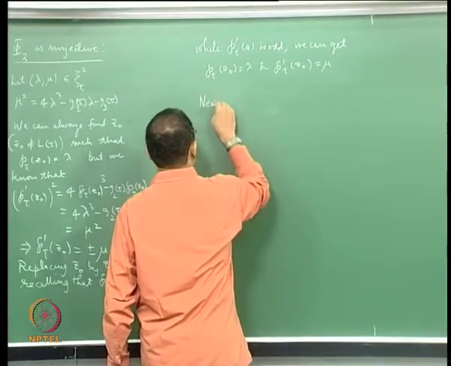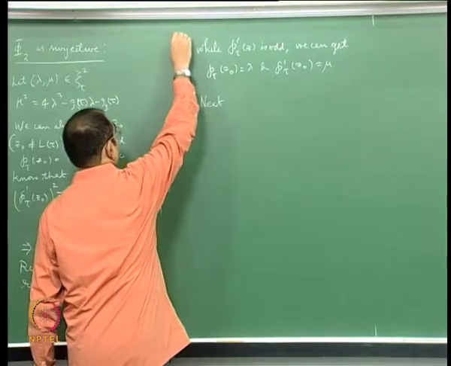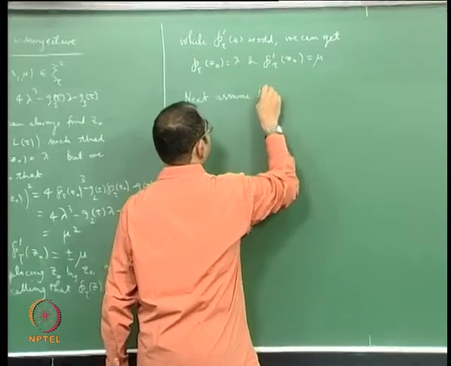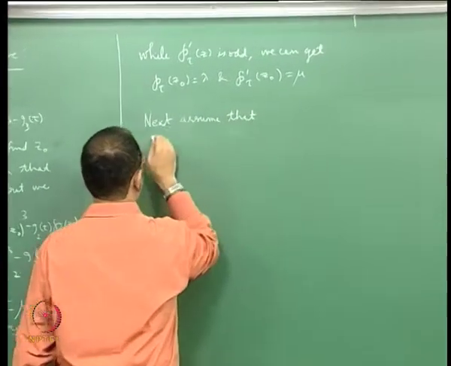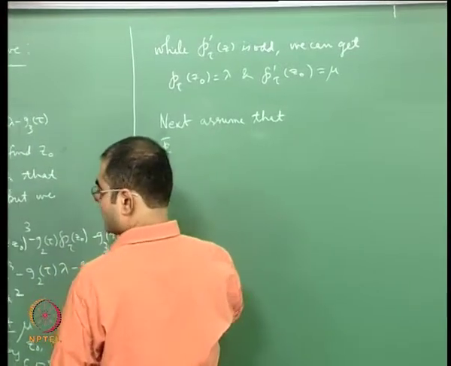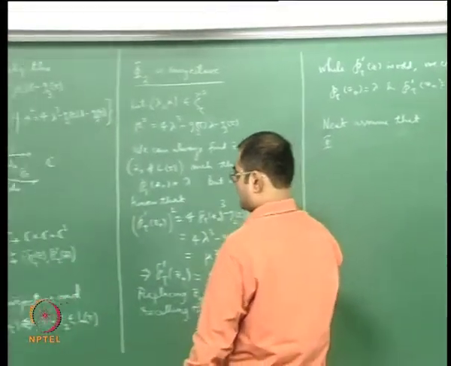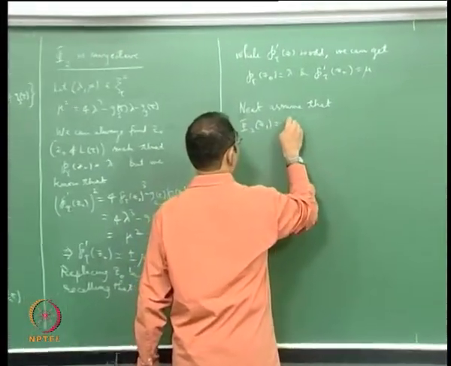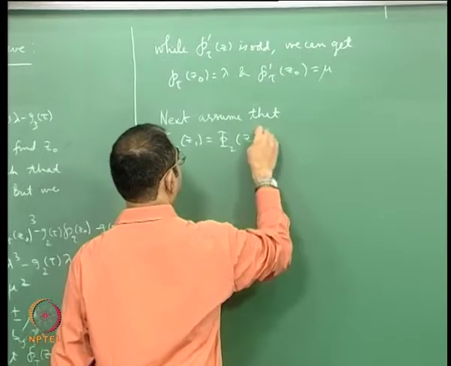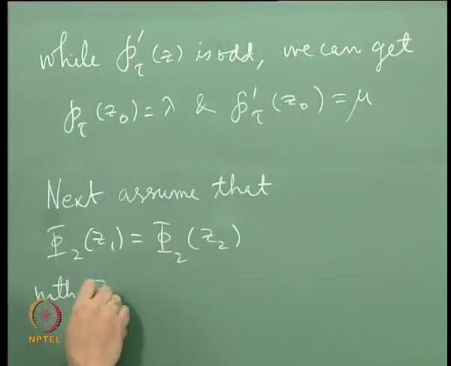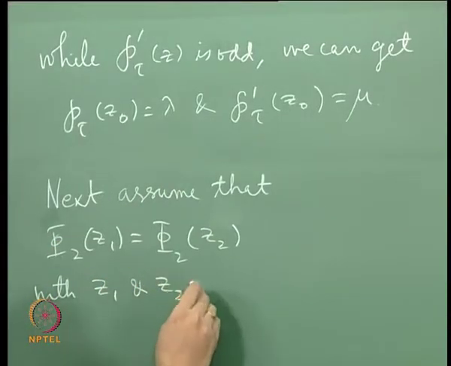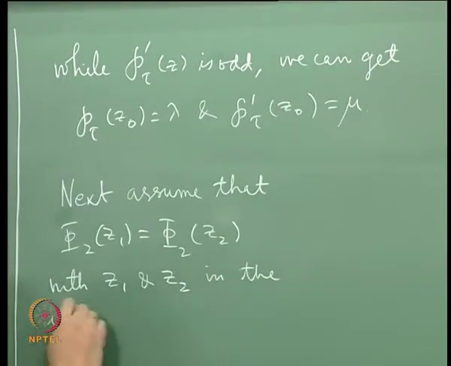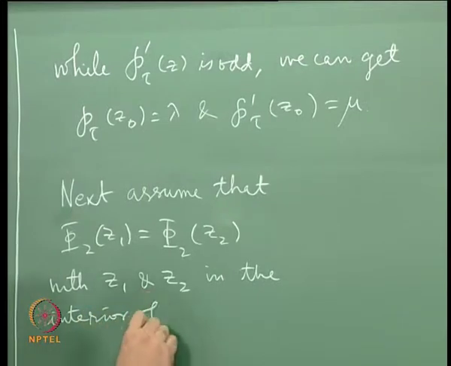Next assume that phi sub 2 of Z1 is equal to phi sub 2 of Z2 with Z1 and Z2 in the interior of the fundamental parallelogram.